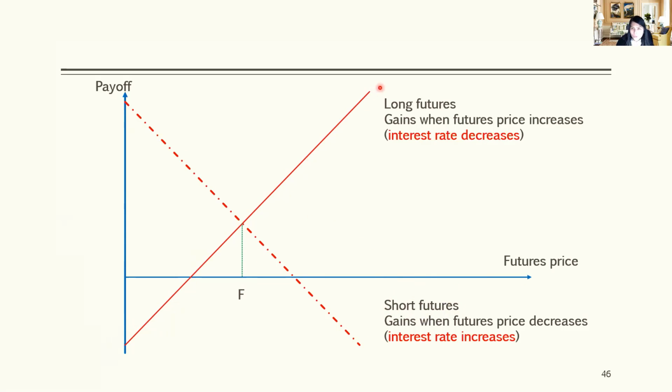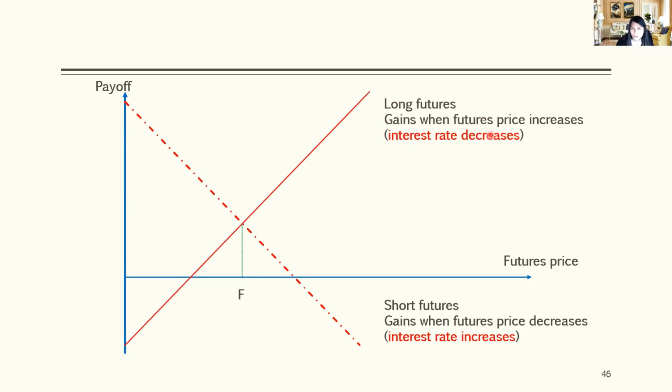For a long futures, it is going to make gains when the futures price increases. So when I go from 95 to 96, I'm going to make a gain on my long futures contract. This is something you have to be very careful about, though. When the futures price increases, let's say from 95 to 96, that means the interest rate has decreased.